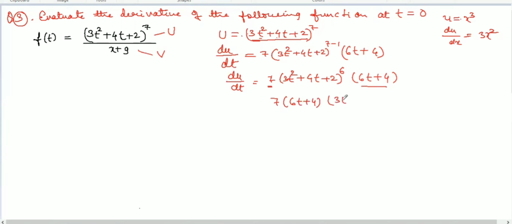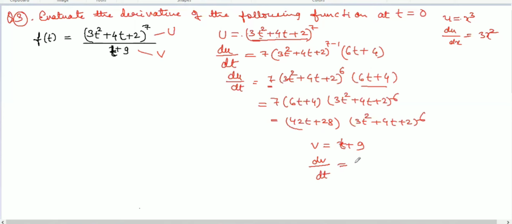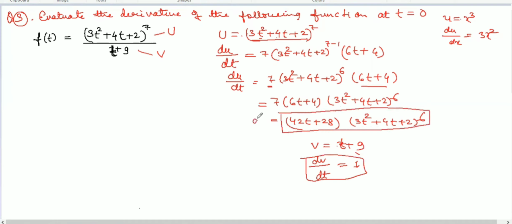So dv over dt is only 1. Differentiation of t is 1. This is a constant term, so this will be 0. So this is your dv over dt, and this is your du over dt. Now we will sub in the formula here using quotient rule.